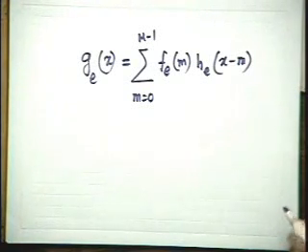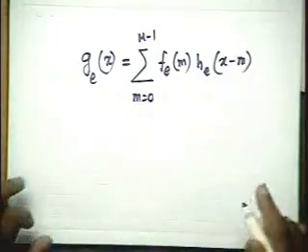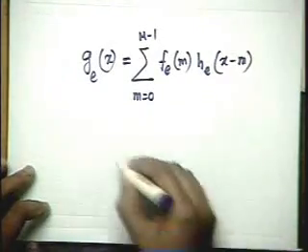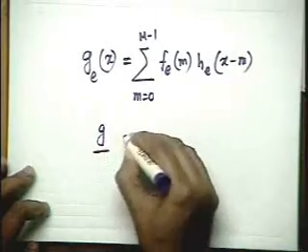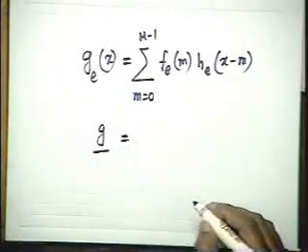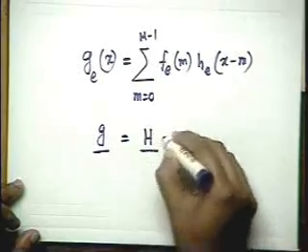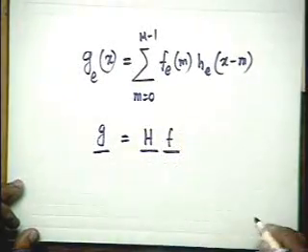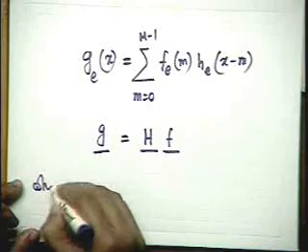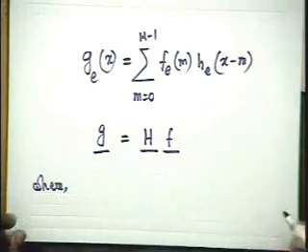Alright. Now this same equation we can write in the matrix vector notation as g equals H f, where we are taking how many samples of f?